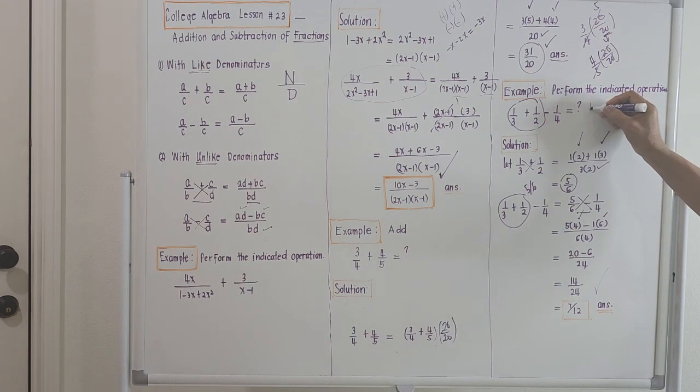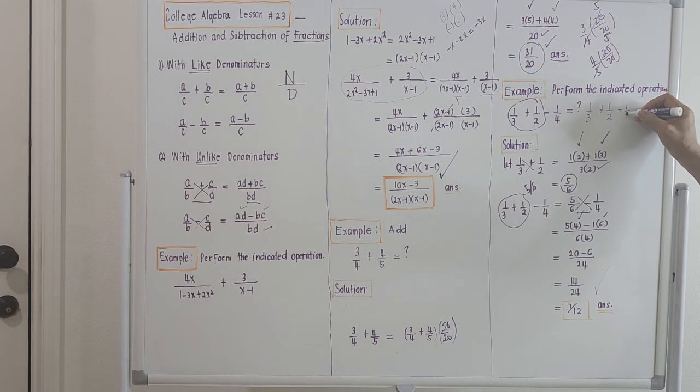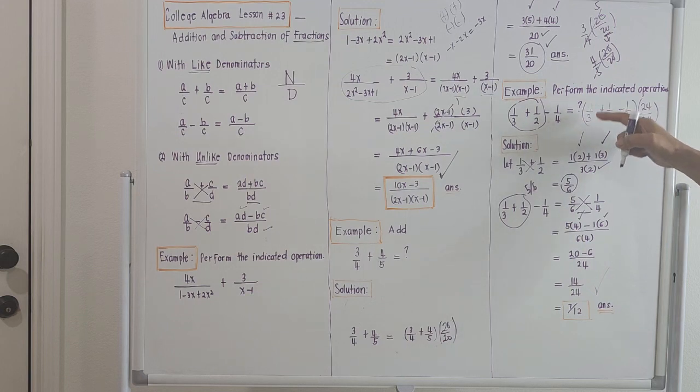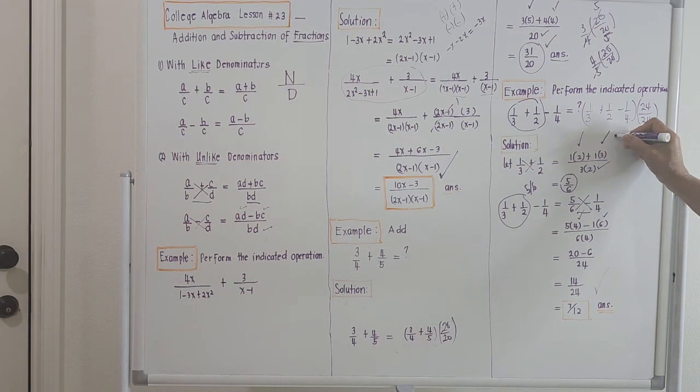So you will do like this, 1/3 plus 1/2 minus 1/4. Then you multiply this by 24 over 24, right? So 1/3 times 24, that will be 8.